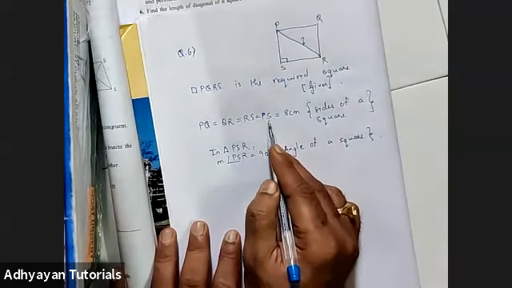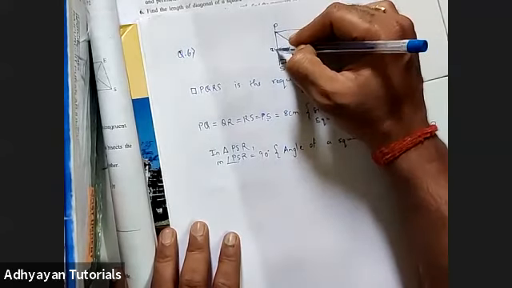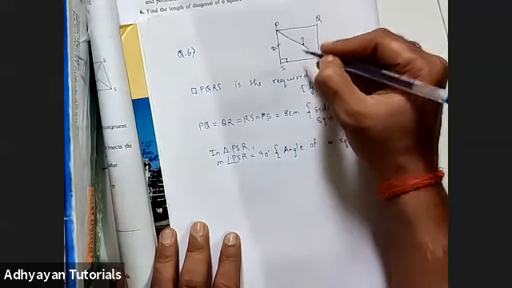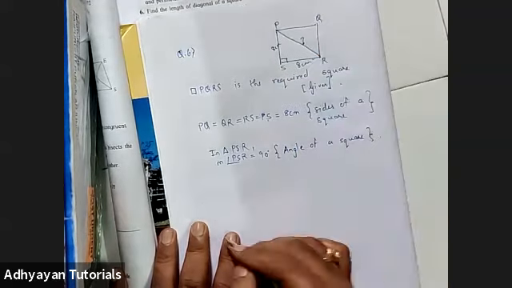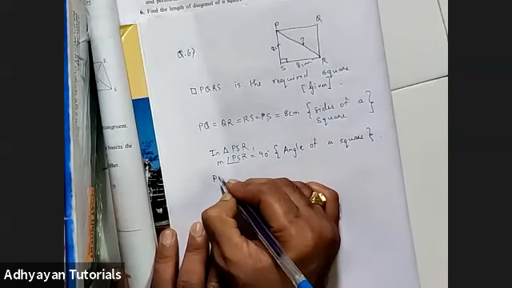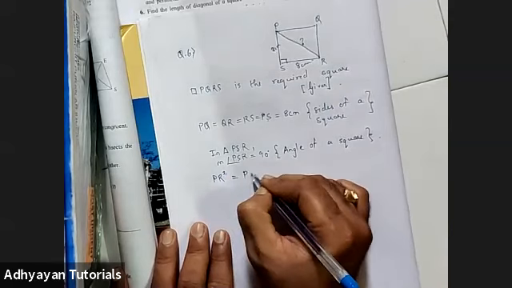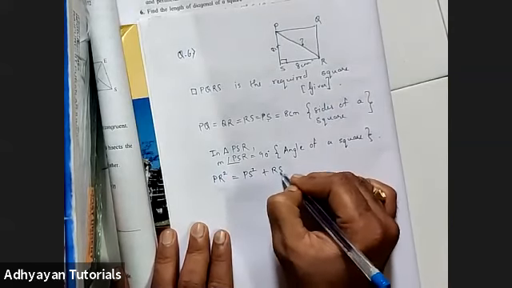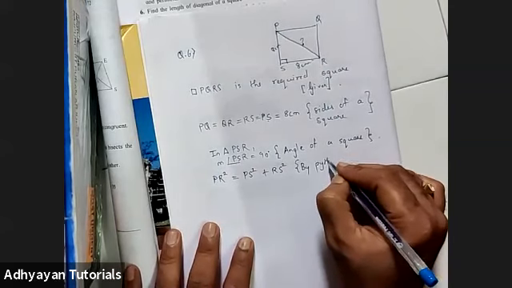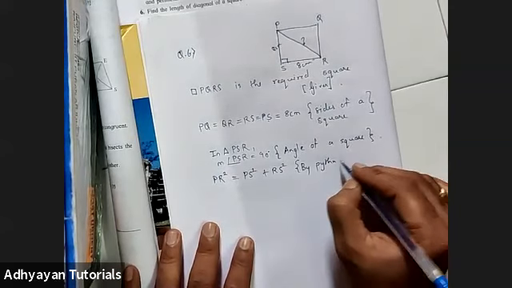Because I know PS is 8 centimeters. I know SR, RS is also 8 centimeters. And I can very easily find PR, right? So children, PR square is equal to PS square plus RS square. I believe the further part you all can do by yourselves. So do it and let me know what the answer is. Copy the sum.